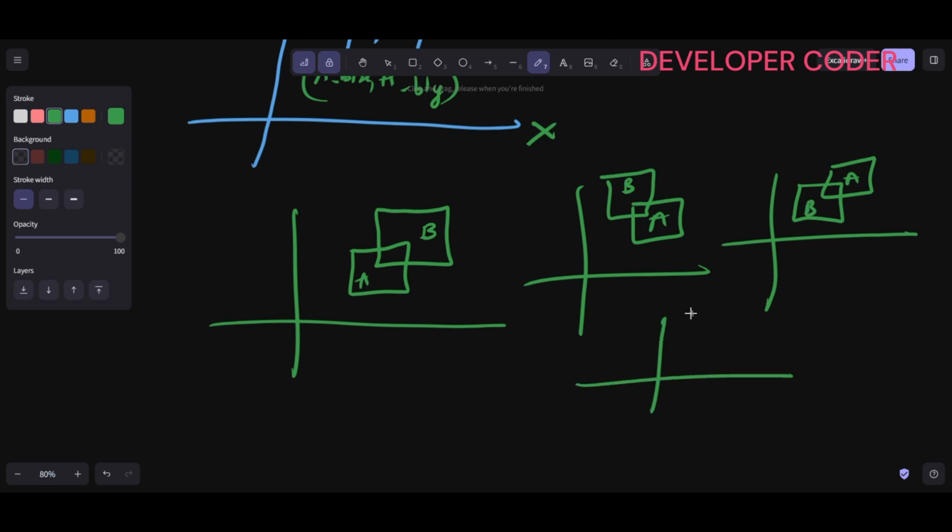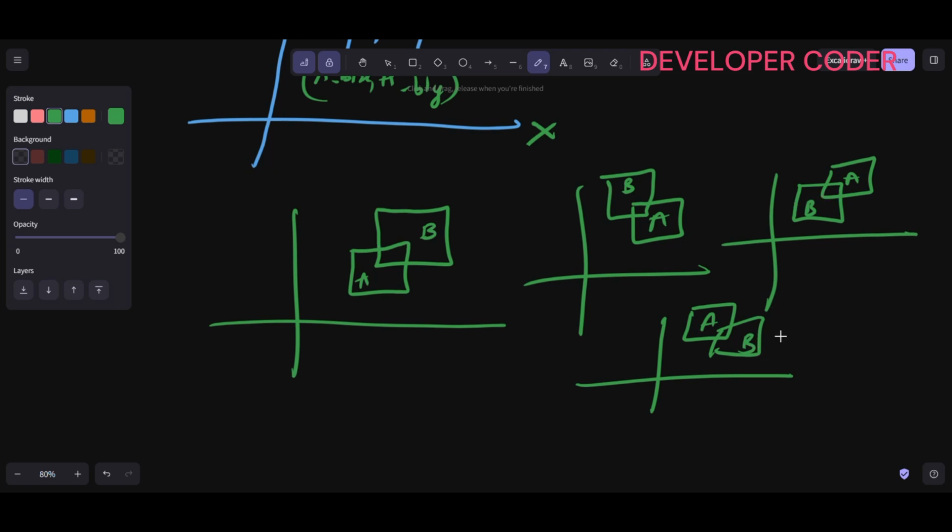They may intersect like this, A here and B here. Right? All these ways. What else? Is there any other way? If you notice, here AB and AB here.